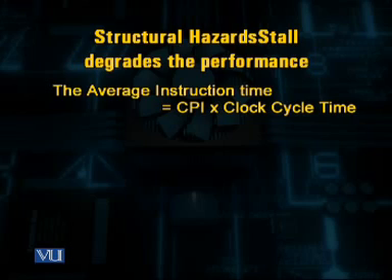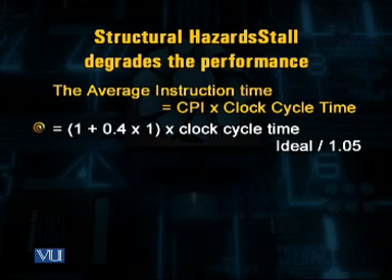As in this example, the clock cycles per instruction can be calculated as 1 plus 0.4 times 1, where 0.4 corresponds to the 40% memory reference instructions, multiplied by the clock cycle time and divided by the clock rate of the processor in case of structural hazard.